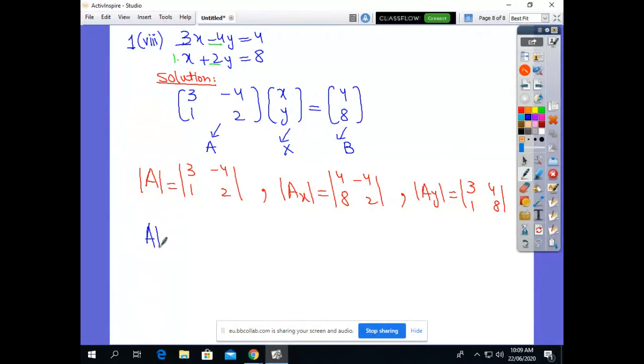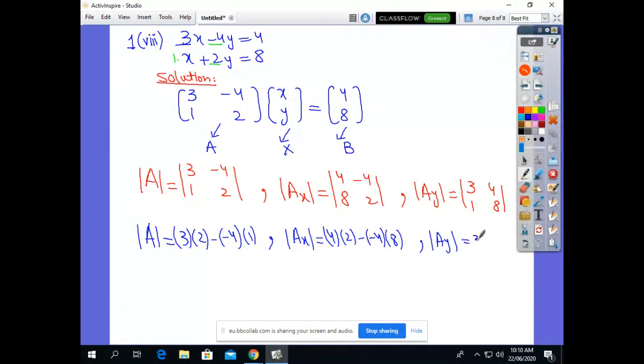The determinant of matrix A becomes 3 into 2, minus negative 4 into 1. Similarly, the determinant of matrix AX is 4 into 2, minus negative 4 into 8. At last, the determinant of matrix AY is 3 into 8, minus 4 into 1. Now simplify these three determinants.